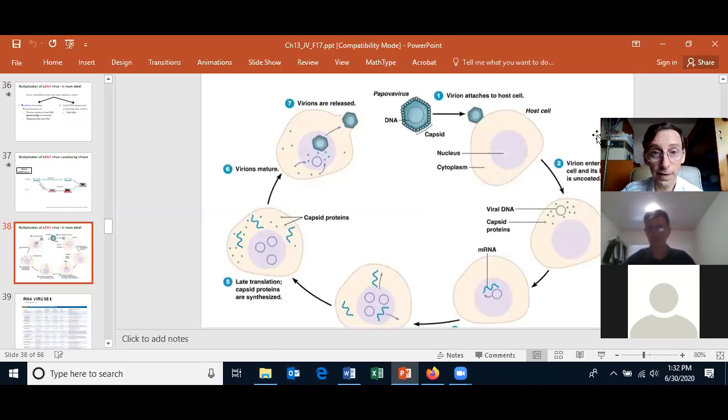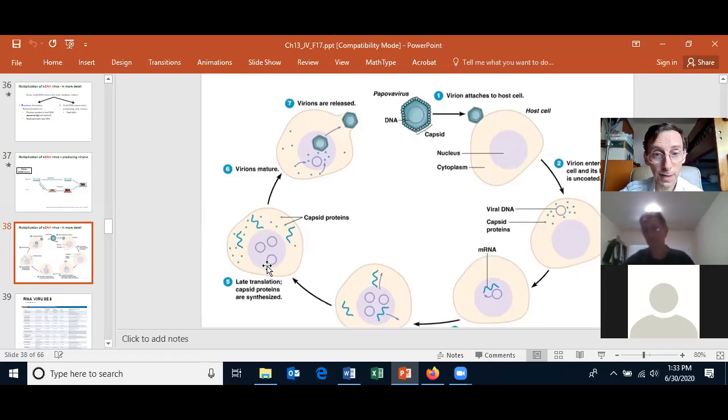That's going through the lytic life cycle, where a DNA animal virus infects the host cell, it's brought into the cell, it gets its genome into the nucleus, and then the genome is transcribed into messenger RNA, which goes into the cytoplasm to make the capsid proteins.